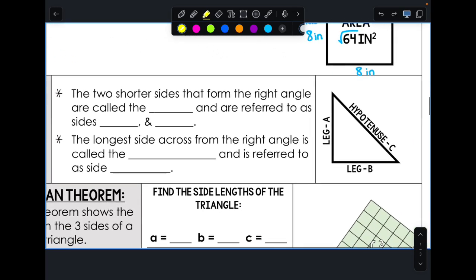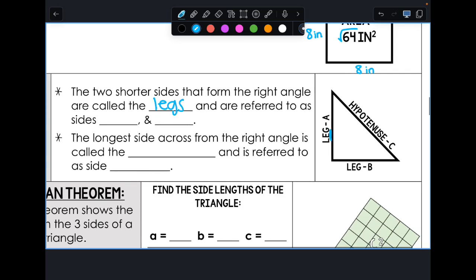Parts of a right triangle. You have two shorter sides that form the right angle. Those are called the legs of the right triangle. Leg A, leg B. Okay? Now, the longest side will always be across from the right angle.